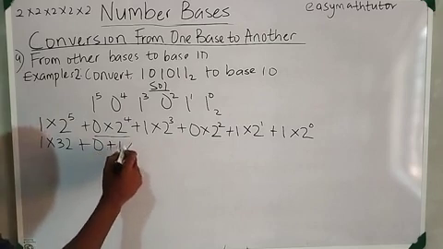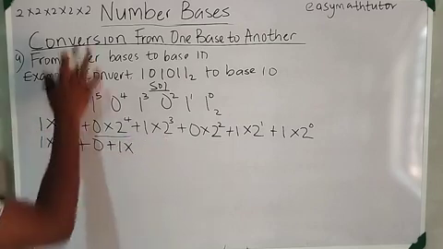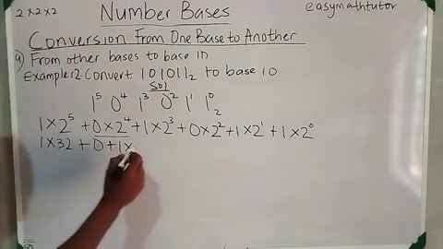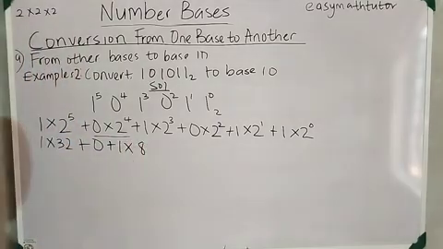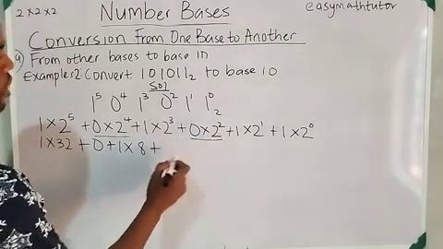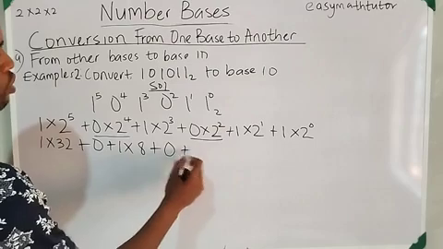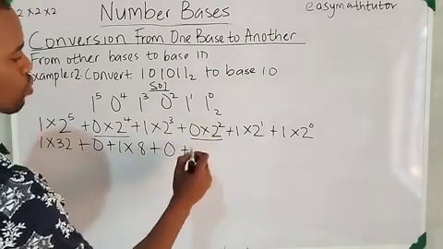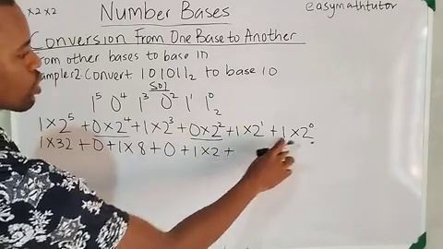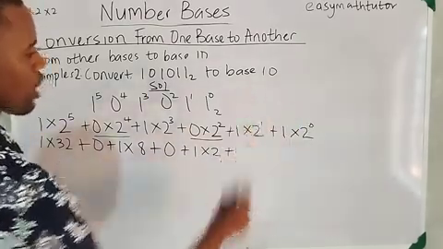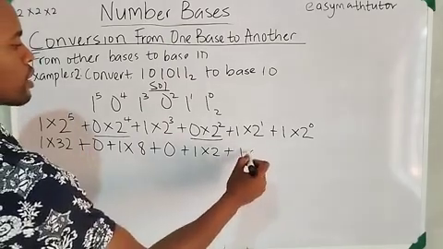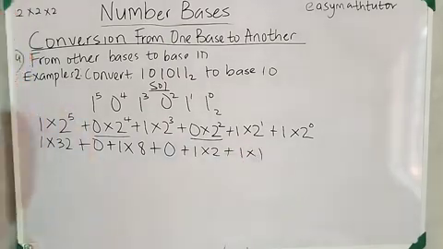Plus 1 times 2 raised to the power 3 is the same thing as 2 multiplying itself 3 times. So that gives us 8. Plus, we have a 0 here, so everything here will be 0. Then plus 2 raised to the power 1 is 2. So we have 1 times 2, plus 2 raised to the power 0 is 1, because anything raised to the power 0 is 1. So we have 1 times 1.